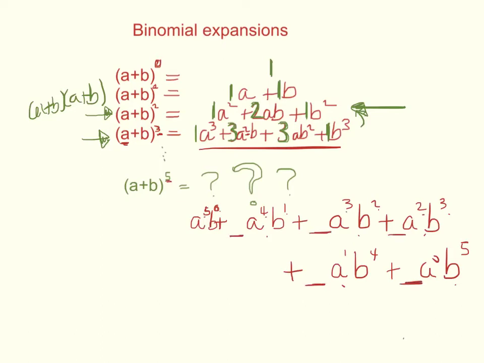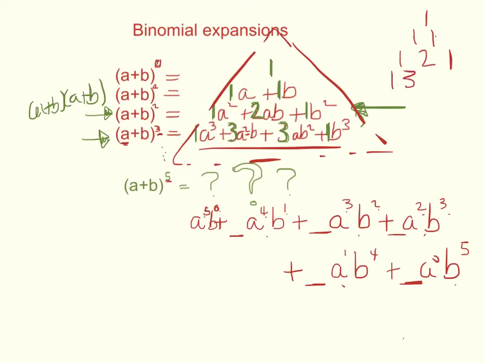Okay, so we want to work out these numbers that go here. As you can see, I have highlighted in green the numbers that we're looking for, and you might recognize this as Pascal's triangle. It works because we do 1, and then 1, 1, and then 1, 2, 1, so we're adding these two together to get the 2, then 1, 3, 3, 1, 1, 4, 6, 4, 1, and we could go down 1, 5, 10, 10, 5, 1.